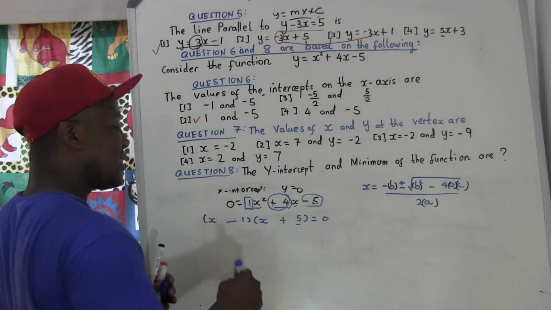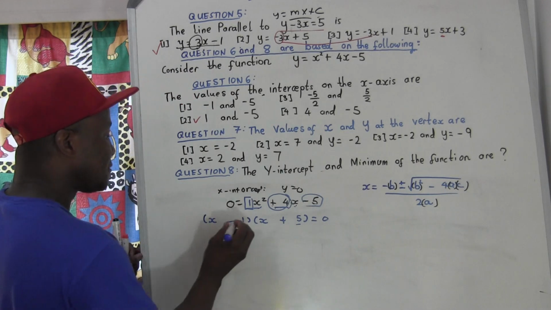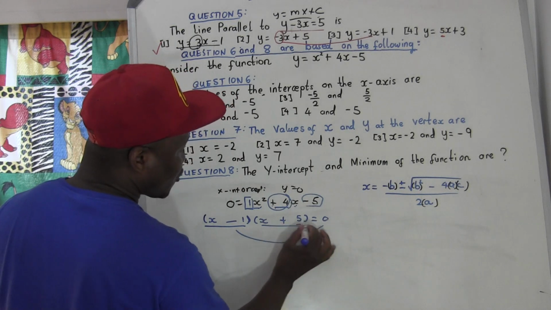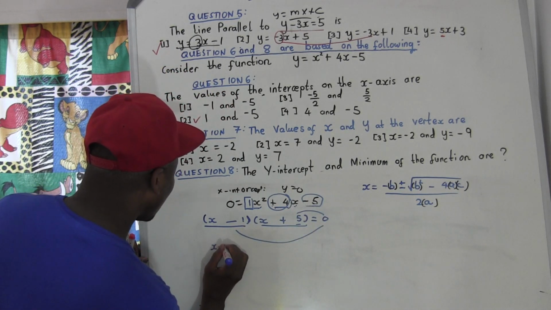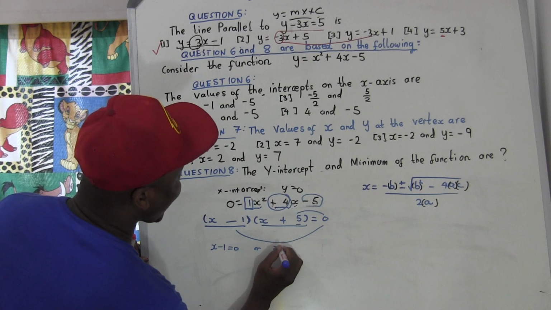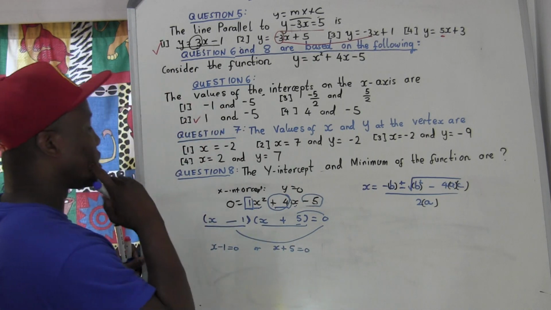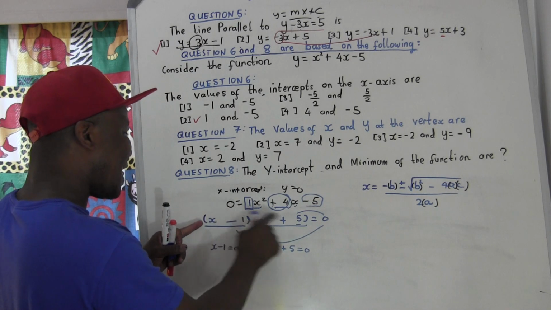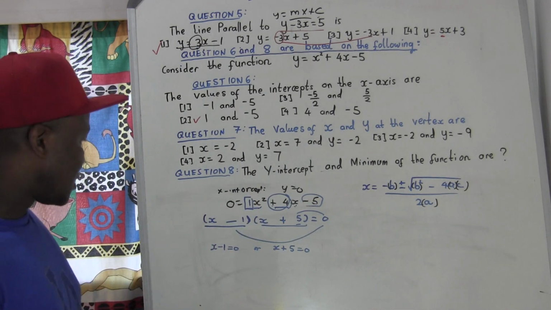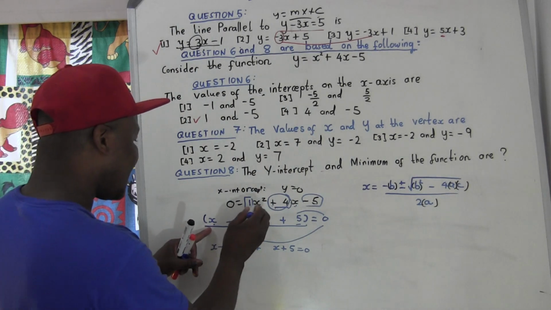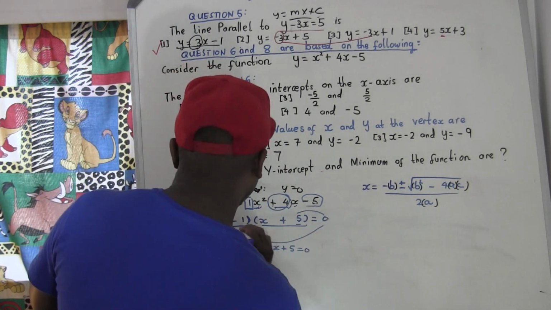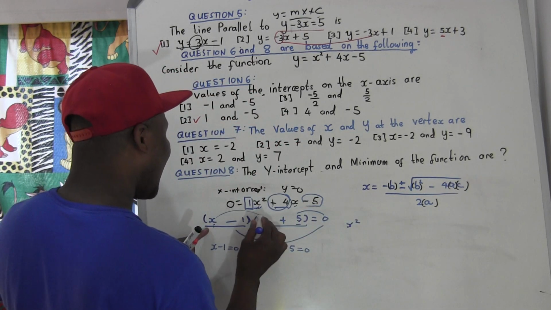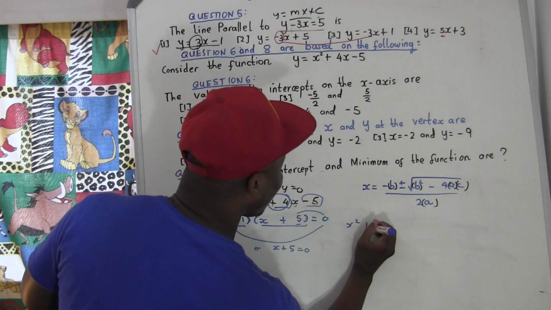So now you have already factorized into 2 groups. After that, this group must be equal to 0, and this group also must be equal to 0. So x minus 1 must be equal to 0, or x plus 5 equal to 0. Before I do that, if you multiply this, it must give you that. x times x is x squared, x times 5 is 5x.